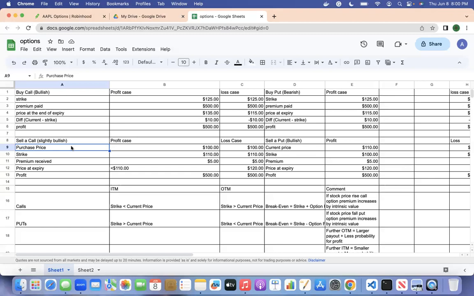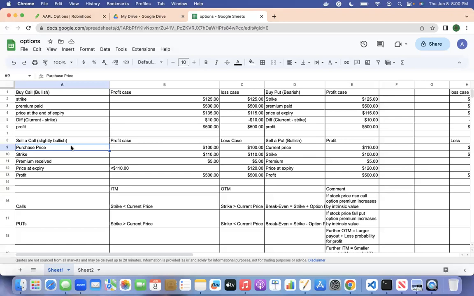So what happens is that your 100 stocks will be sold at $110 each. So you make $1,000 there, plus you made $500. So your profit will be $1,500. So $500 is the upfront premium payment that you receive, as well as the $10 more between your strike price and your purchase price, which is your cost basis.